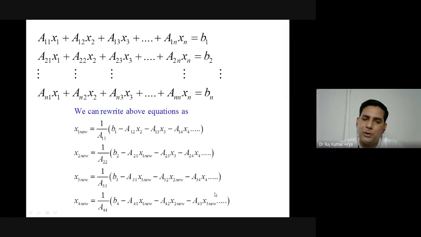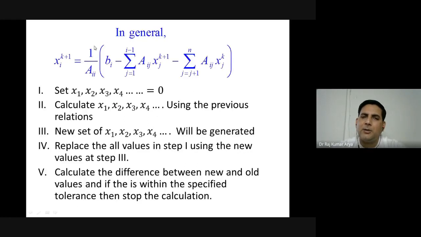That way you keep updating by replacing old values with new values, and the convergence rate is faster compared to the Jacobi method. If you write this in a general formula in terms of i and j, you can write it in that particular format here.